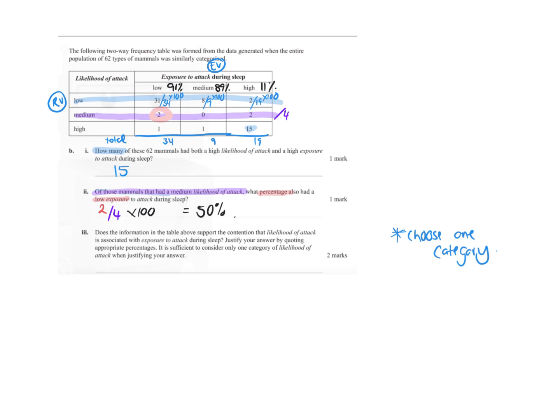So the percentage of animals with low likelihood of attack. So I've picked the low.